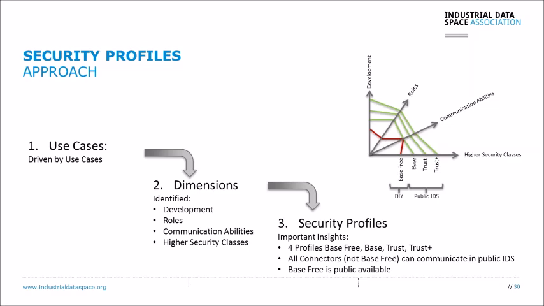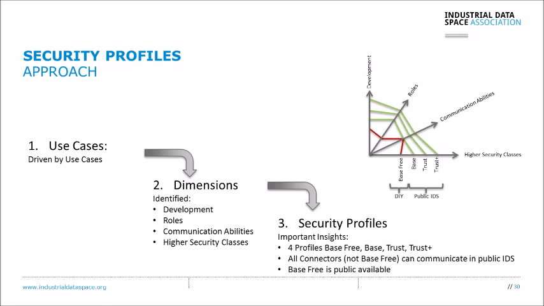I will come to the details of this on the next slide, I think. What we find as a very important insight is that all connector types can communicate into the public IDS system. This is what I said before, but we've written down a tier set. It's absolutely necessary that every connector can talk to each other connector, but not the base-free connector.